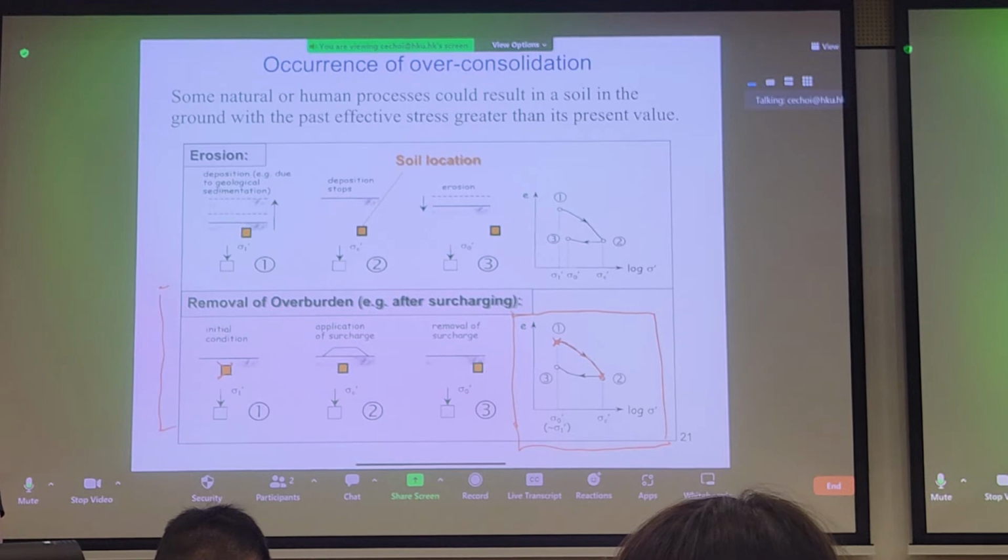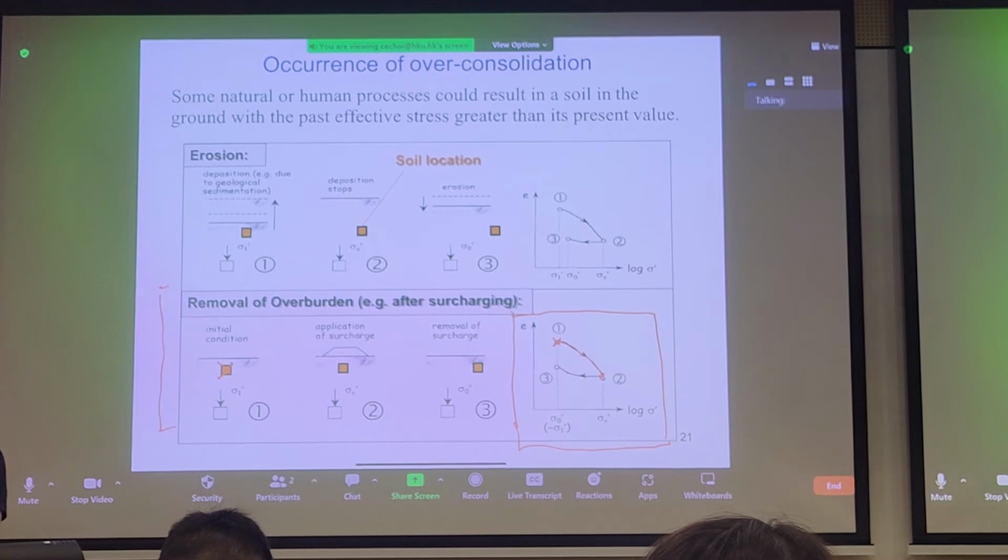Well, what's happened? Let's look at this. We apply surcharge from 1 to 2 and we get a reduction in void ratio. So we've in essence reduced the compression of the soil. And we can view this as consolidation, right? We've compressed the soil so we'll have less settlement later on.